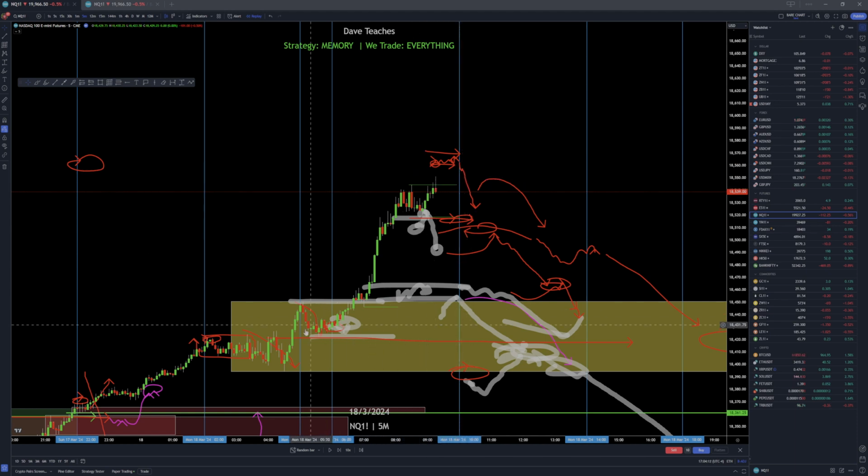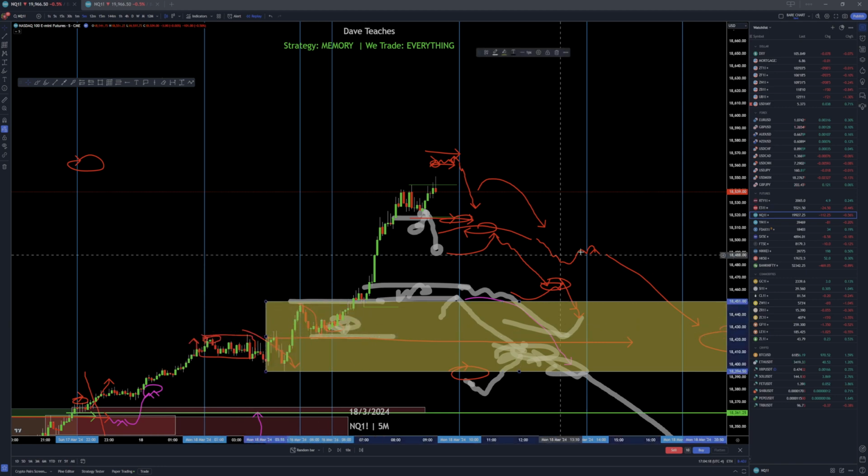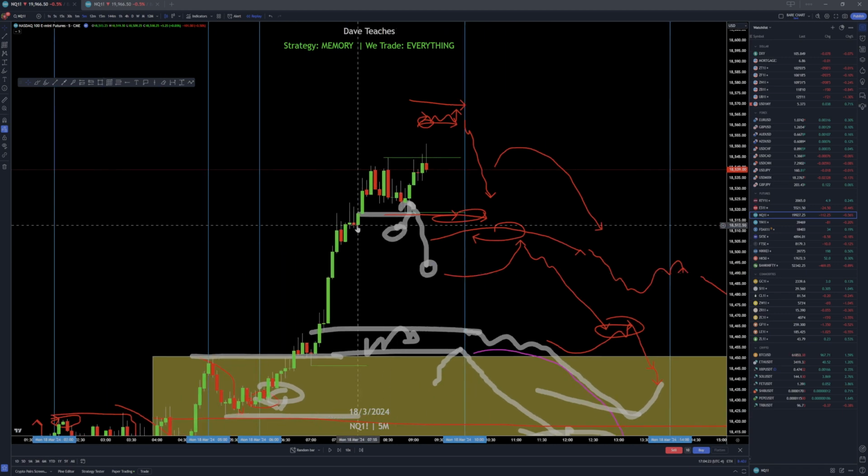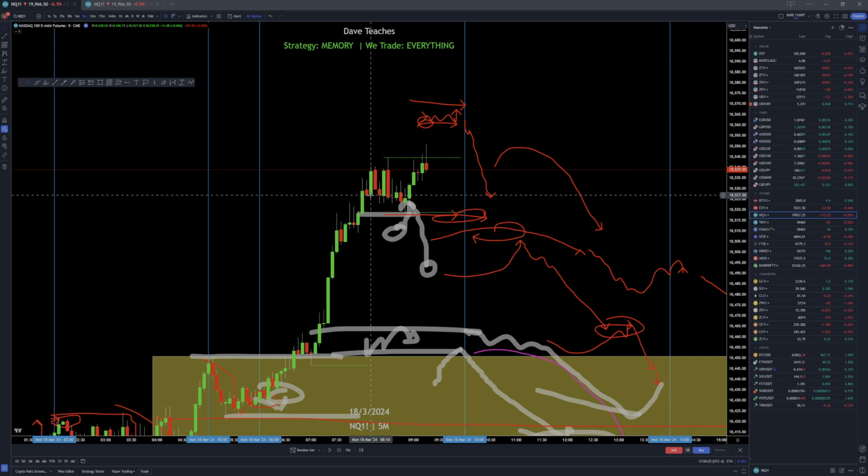And this would end up being a ton of imbalance through here with a fractal that's back below here. And this is why it's important not to get ahead of up candle closures when they happen.